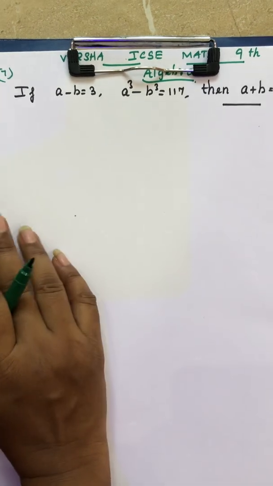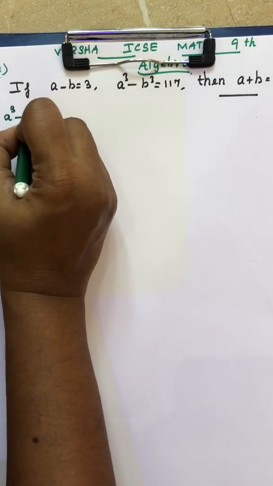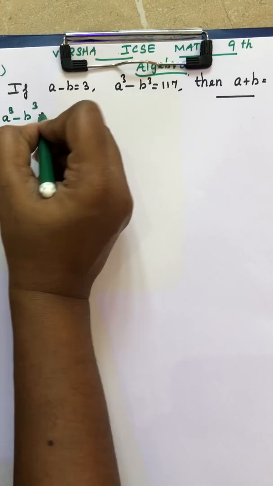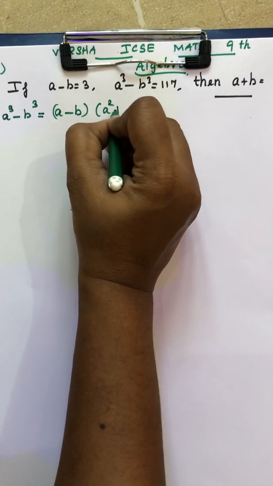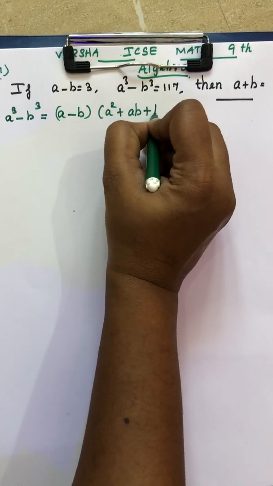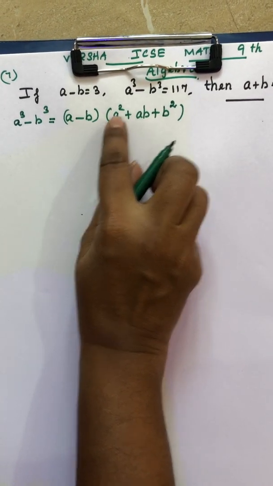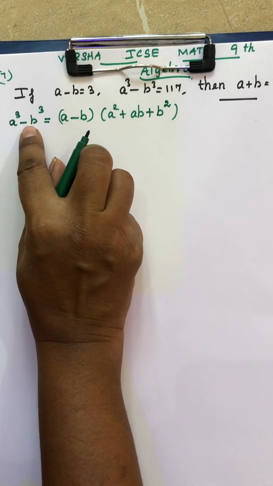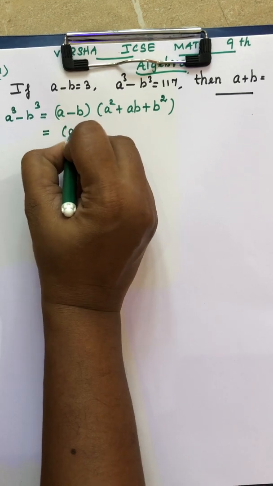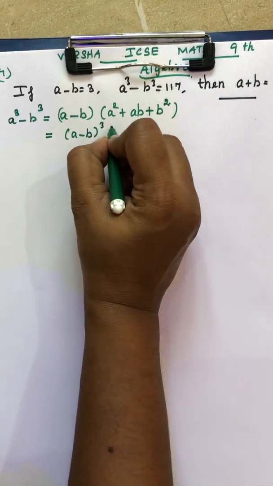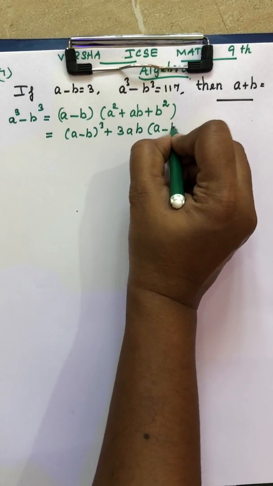So what is our cube identity, students? a cube minus b cube is equal to a minus b times a square plus ab plus b square. Another one is a cube minus b cube equals a minus b the whole cube plus 3ab times a minus b.